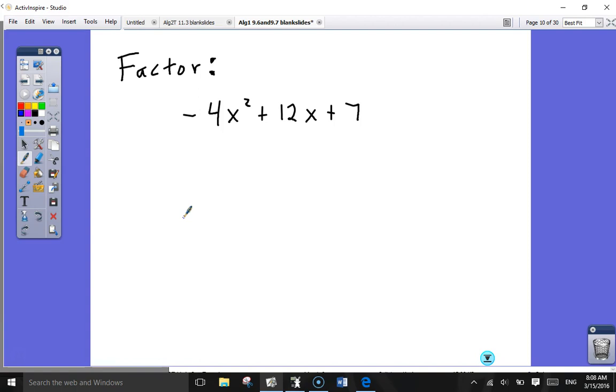But probably the easiest thing to do is just factor out the negative. First step, just take the negative away, right? If I pull a negative out in front of parentheses, what does that do to every term inside the parentheses? It flips their signs, right? 4x squared minus 12x minus 7.